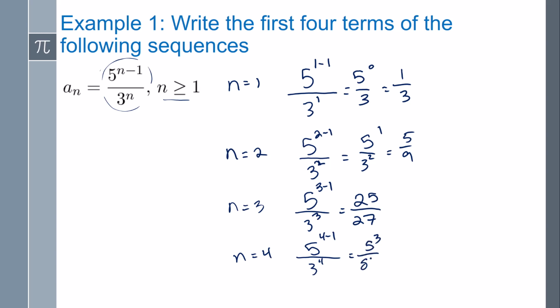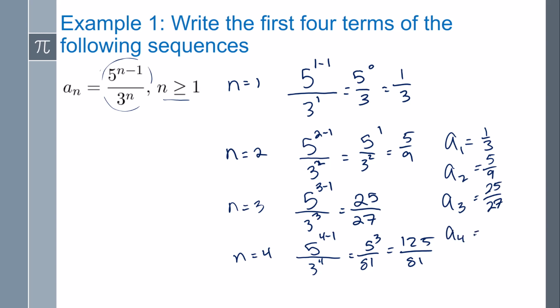But I could say 125/81. So I could write it out as a sub 1 equals 1/3. A sub 2 equals 5/9, my second term. A sub 3 equals 25/27. And then a sub 4 equals 125/81. Next example.